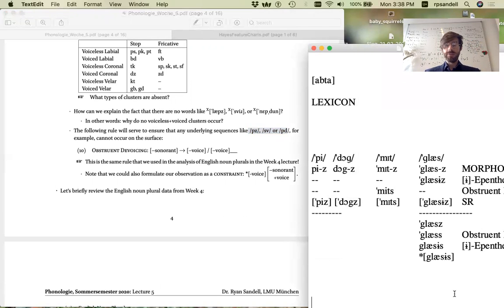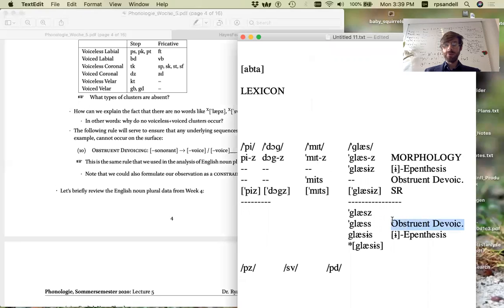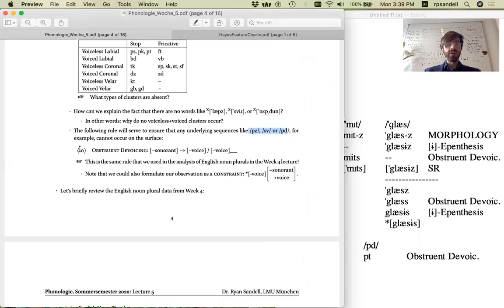So just to demonstrate this and make this explicit, let's take those sequences pz, sv, and pd through this process of obstruent devoicing. These would be transformed into ps, sf, and pt. That's precisely what the rule in 10 predicts would happen.